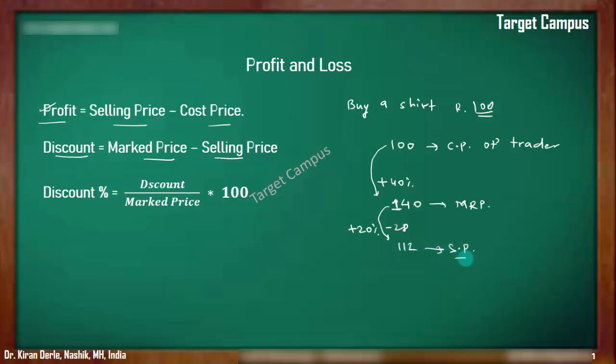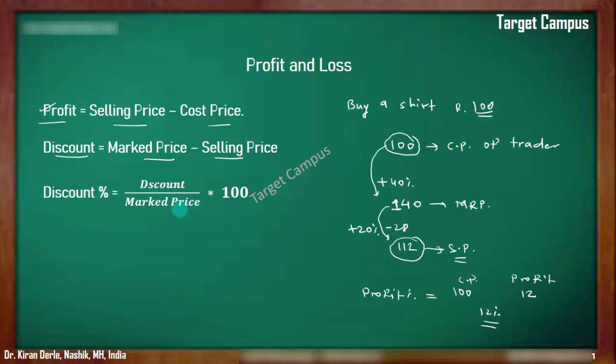This becomes his selling price. What is the profit percent in this case? His cost price was 100, and his final selling price is 112. His profit is selling price minus cost price, so that is 12. Out of 100, 12 is profit, so 12% is the profit percentage.